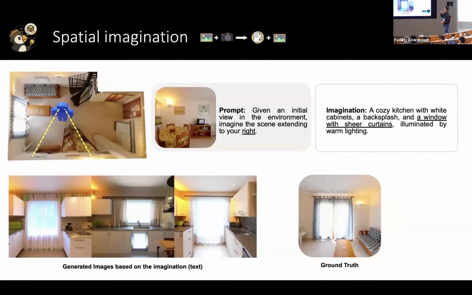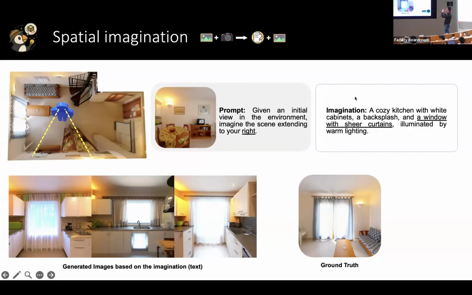We can perform spatial imagination as well. Here, we basically just need to provide the image and camera geometry, and let the model imagine the text and use the text to generate the images. For example, given this view, I can ask the model to imagine the scene extending to your right, and the imaginations are these.